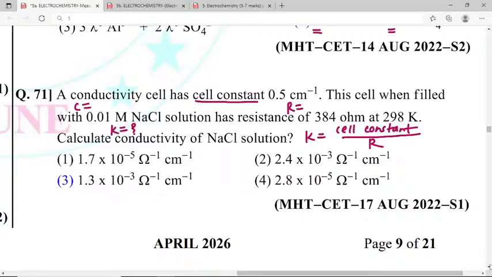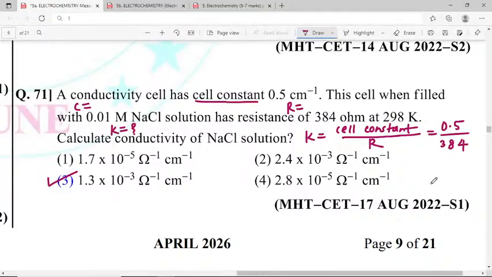Cell constant 0.5 divided by resistance 384. Solve this, we'll get the answer 1.3 into 10 to the power minus 3.